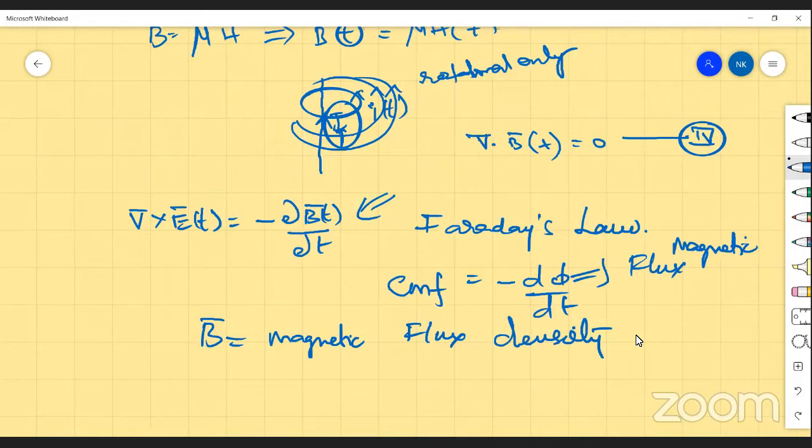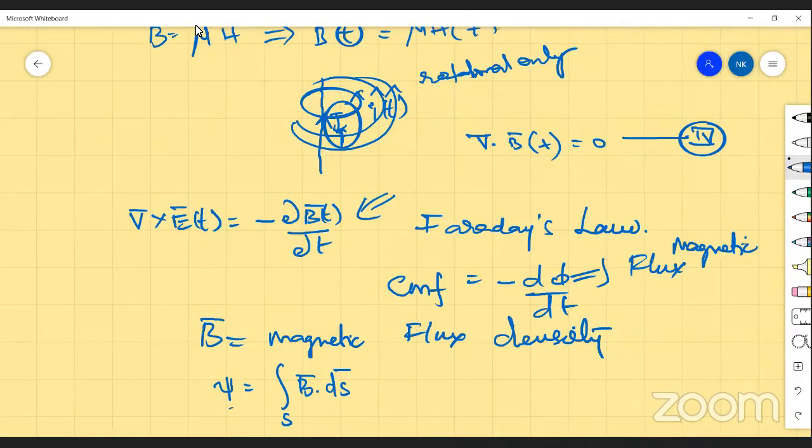D bar is the electric flux density. If you want to find the flux, what do you do? Flux is equal to the surface integral of B bar dot dS bar. Is it a closed surface or open surface? It's always an open surface.